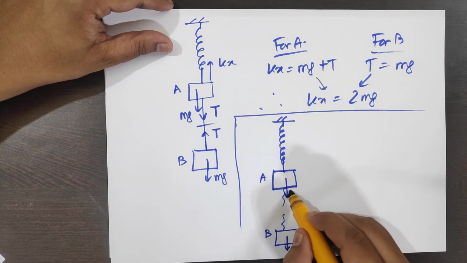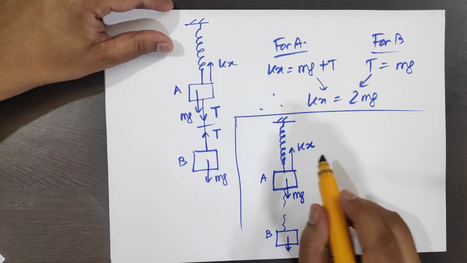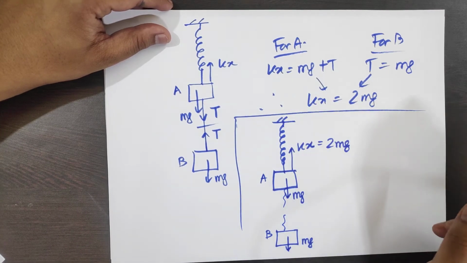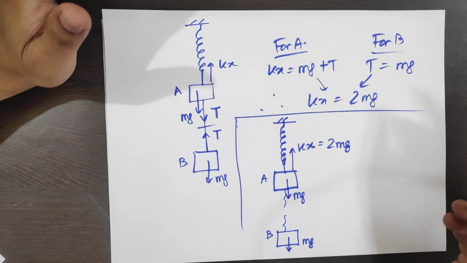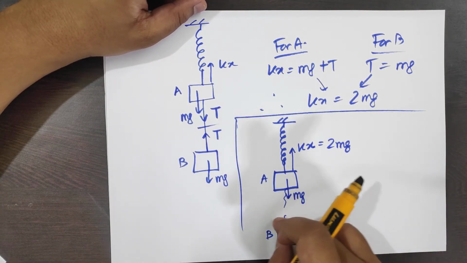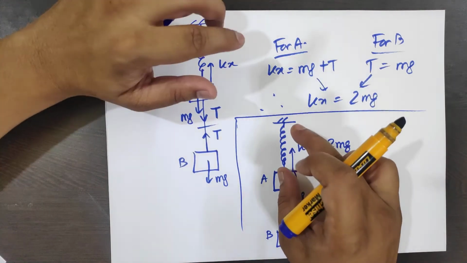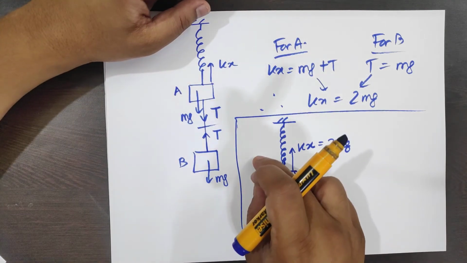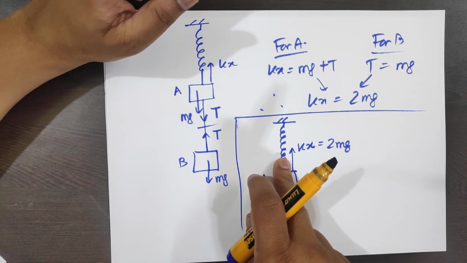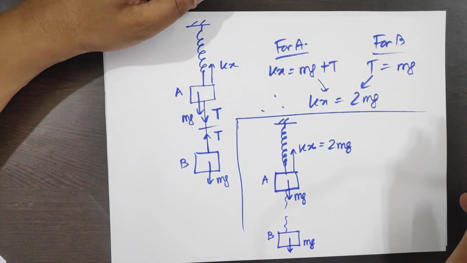And on block A, it is mg and kx, where kx is 2mg. Just after you cut the string, the spring for that moment remains at the same length. Same length means same force. The force of the spring depends on the extension, so it will have the same extension just after the string is cut.